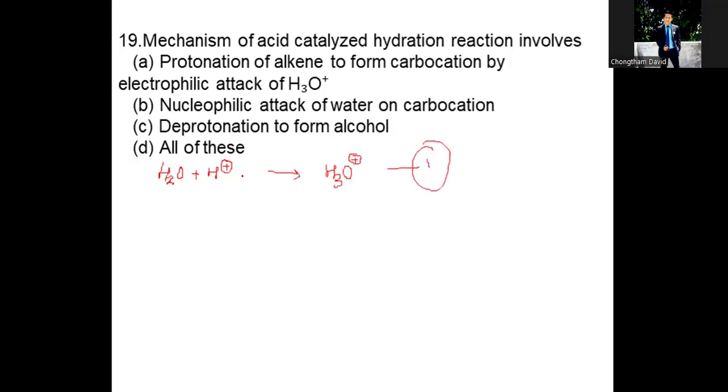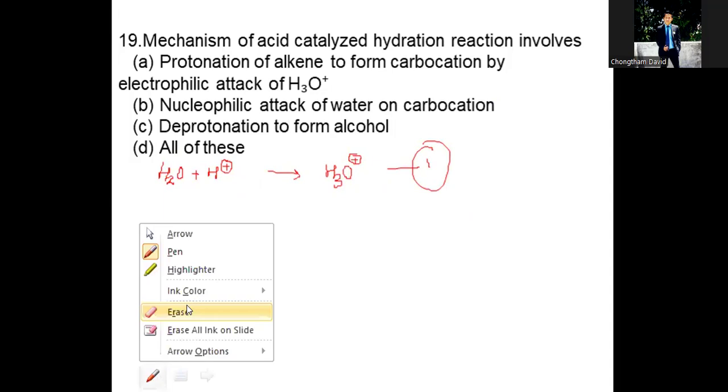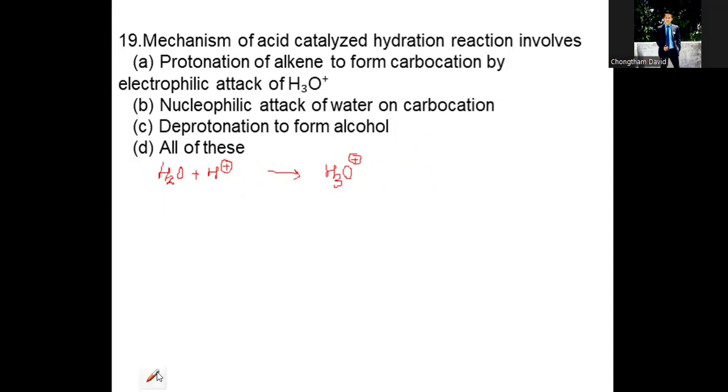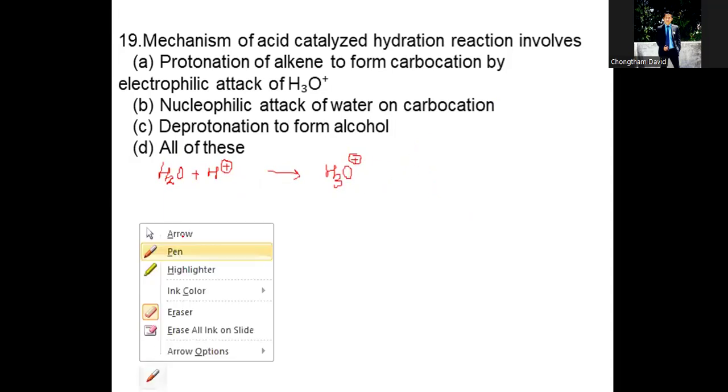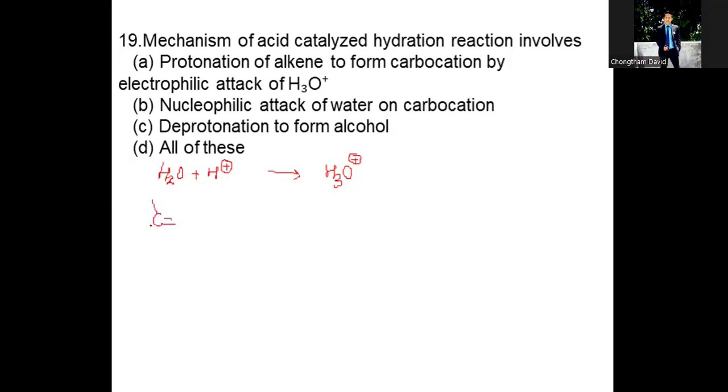Before coming to the second step, this is going to act as an electrophile. It is electron deficient. Now the alkene, which has a double bonded carbon, is an electron rich system, so it is going to attack this electron deficient species.